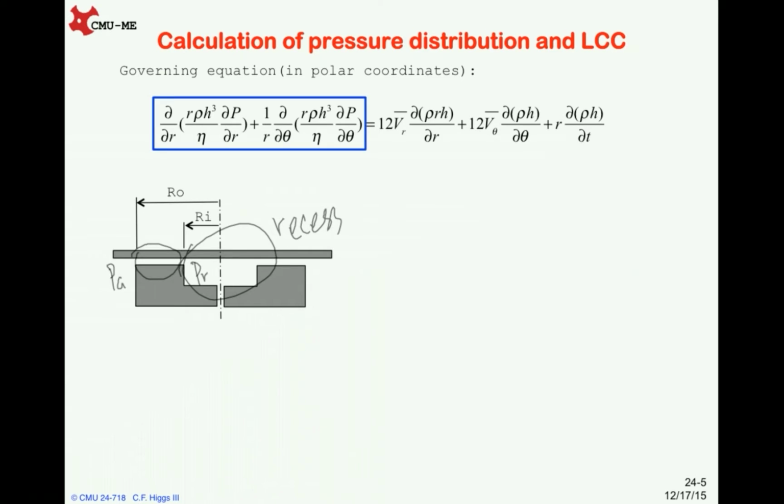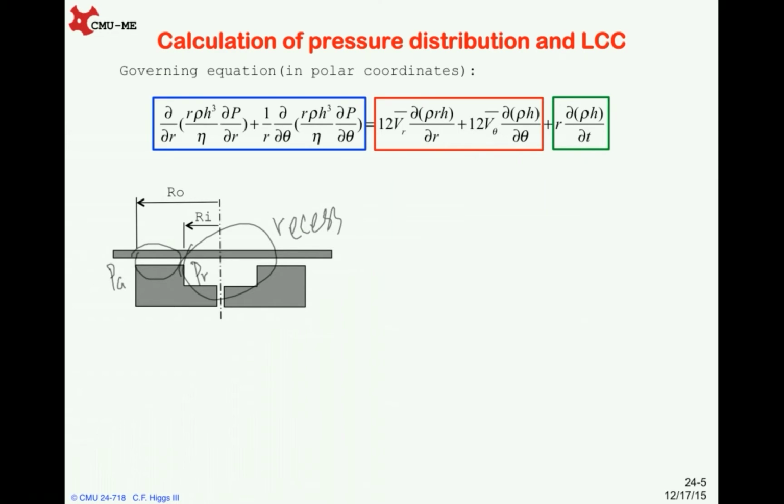The first two terms on the left-hand side are the pressure terms. The first two terms on the right-hand side are the wedge terms. And the last term is a squeeze term.